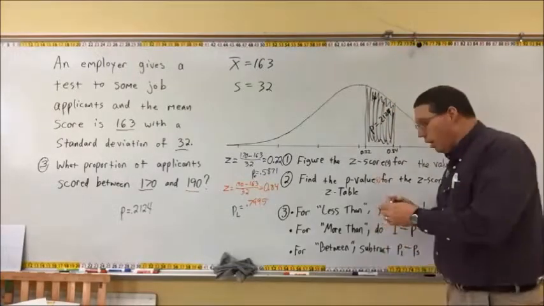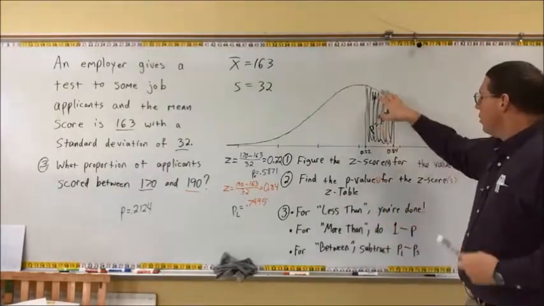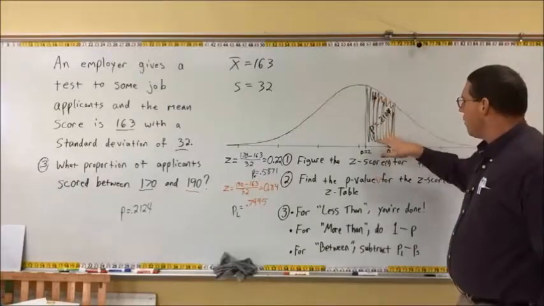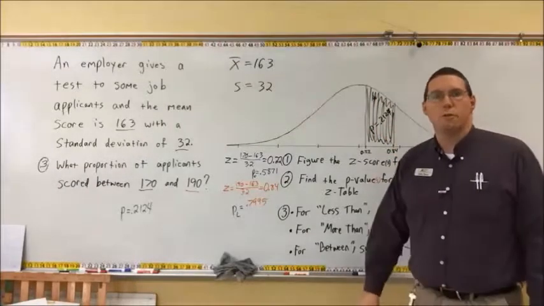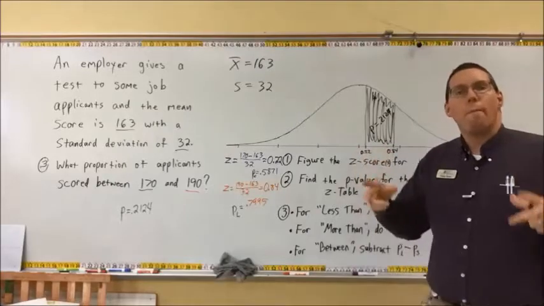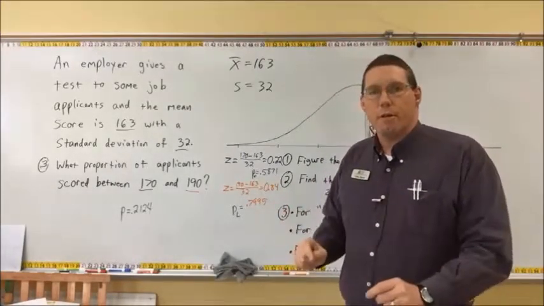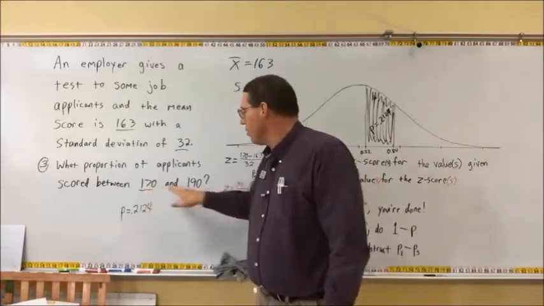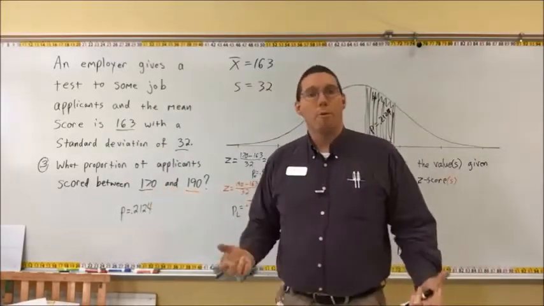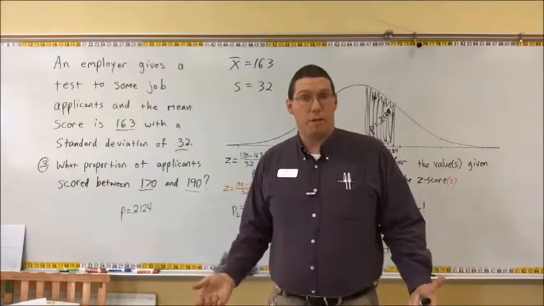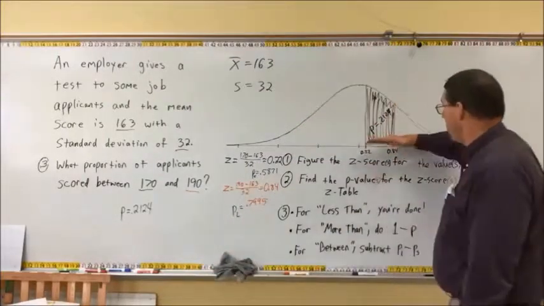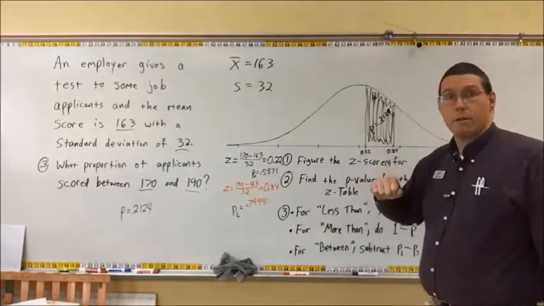And because the region of this graph has a proportion of 0.2124, that region represents all of the observations that fell between 170 and 190. Almost like it's basically a frequency distribution, as if it was a histogram with blocks.